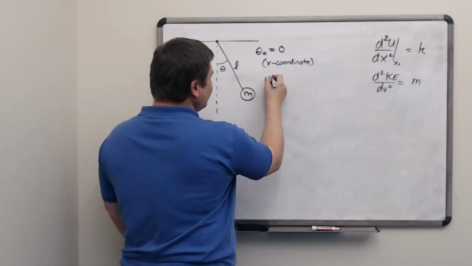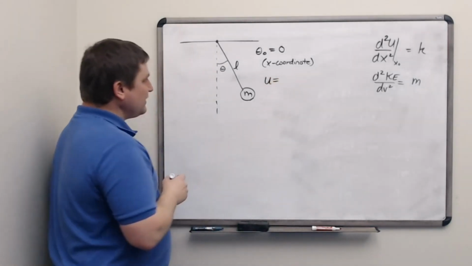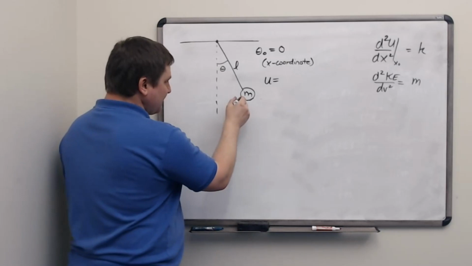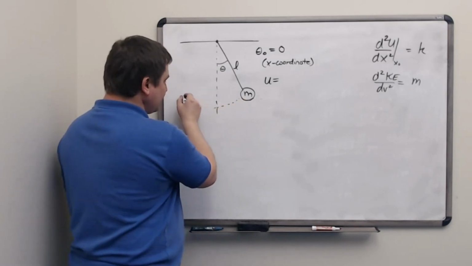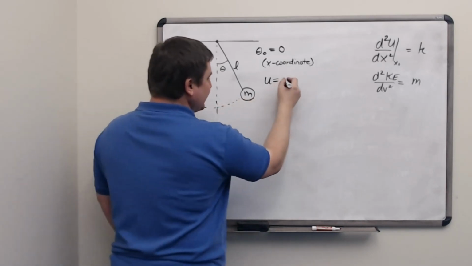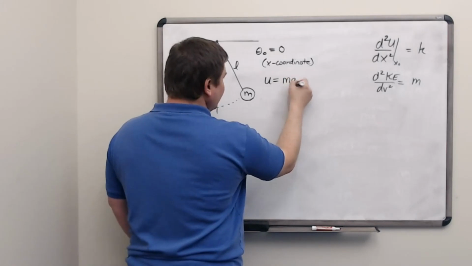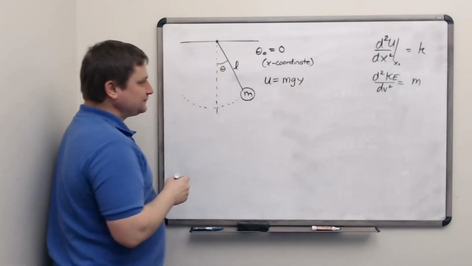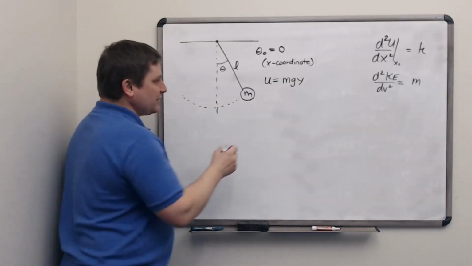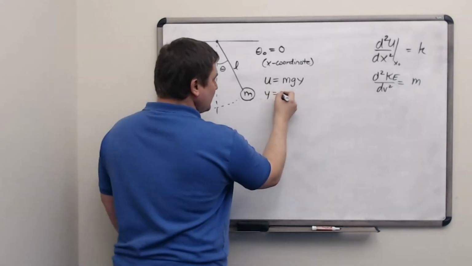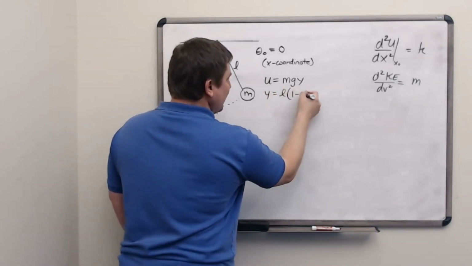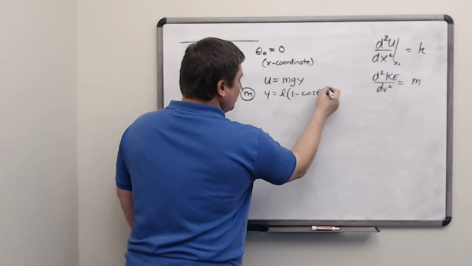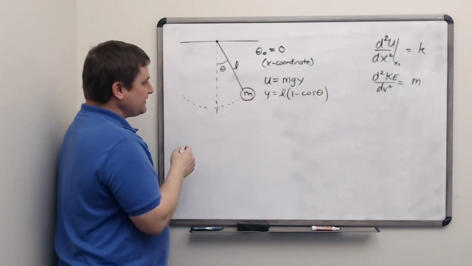Our potential energy function here is one that we've calculated a bit before on some homework problems. Essentially, it's a gravitational potential energy equal to mgy. But the y coordinate here by geometry is equal to L, the length, times 1 minus the cosine of the angle.